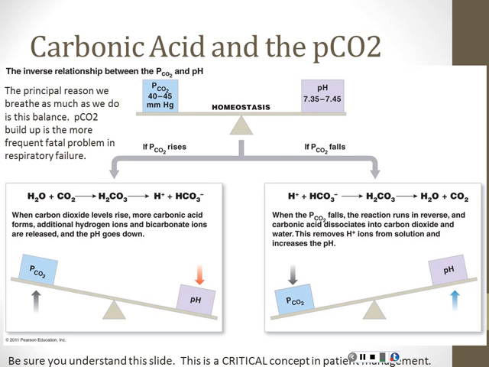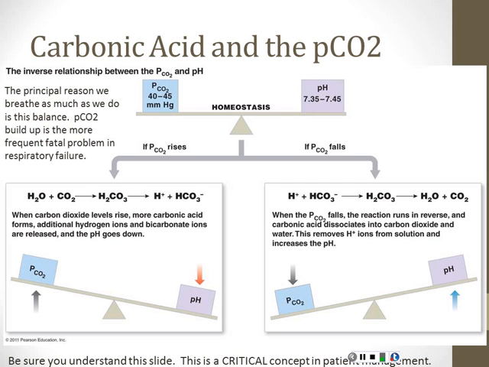An equilibrium reaction can go either direction, and the direction it goes depends on the concentrations of the chemicals involved. So if we increase the amount of CO2, we push the equation this way, which means we're creating more and more hydrogen ions. More hydrogen ions is a lower pH.